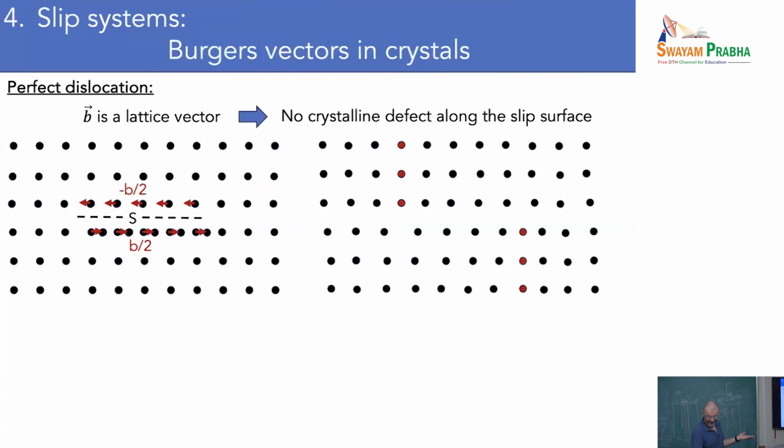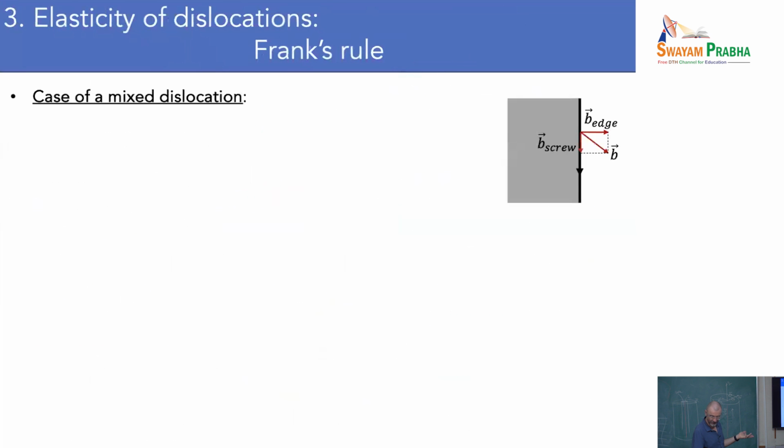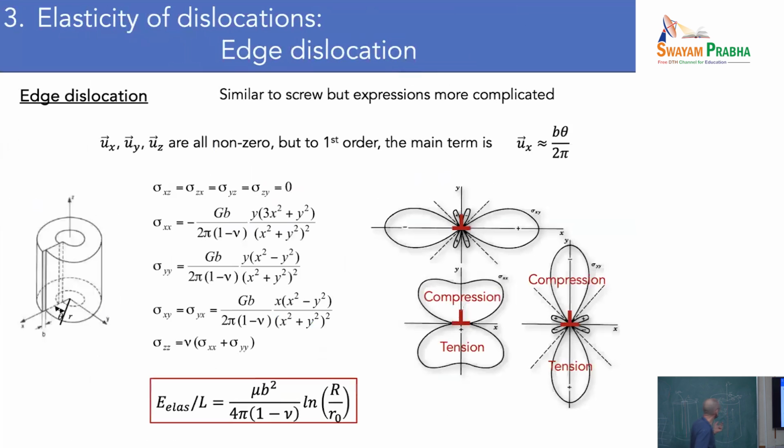For pedagogical reasons I should have given you the expression. The main term is the same as for a screw dislocation, but there are other terms because edge is always more complicated. But I know this displacement field from elasticity, and so I just displace the atoms using this displacement field.